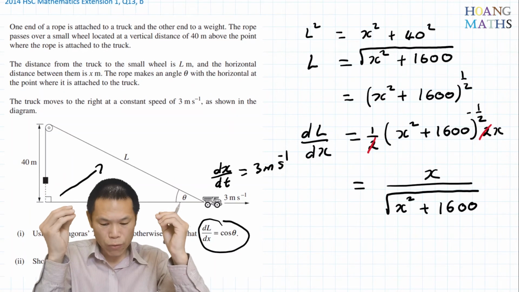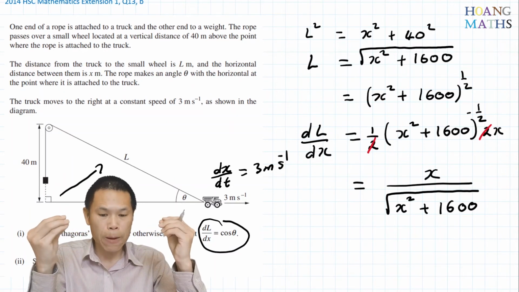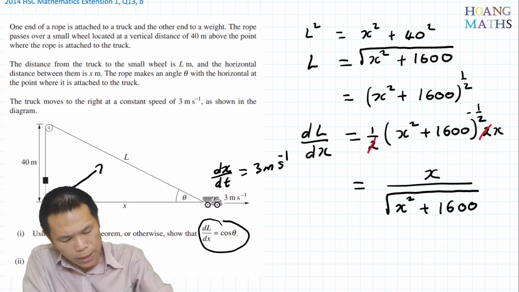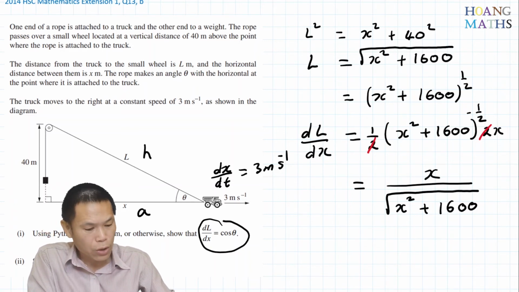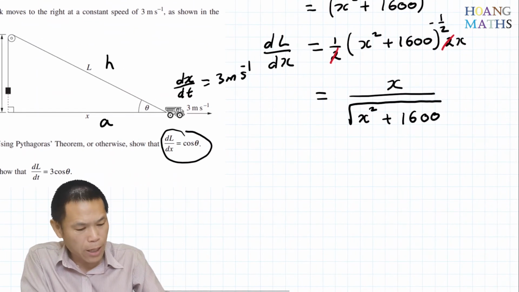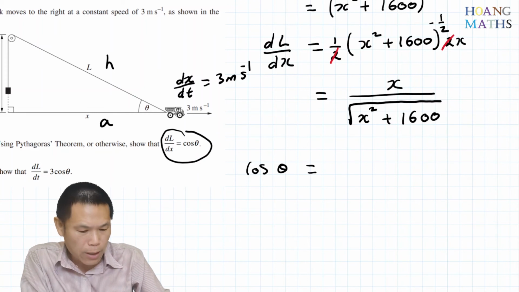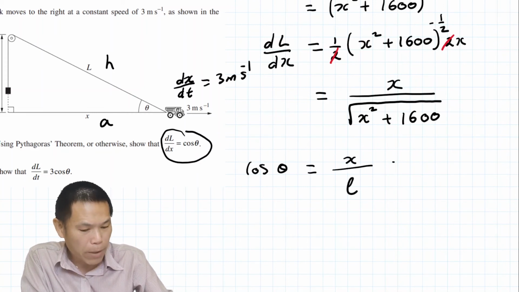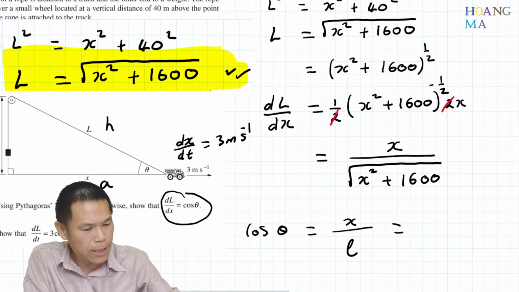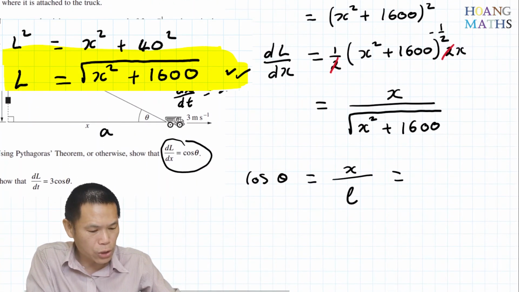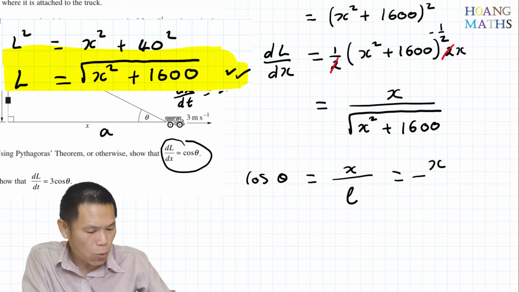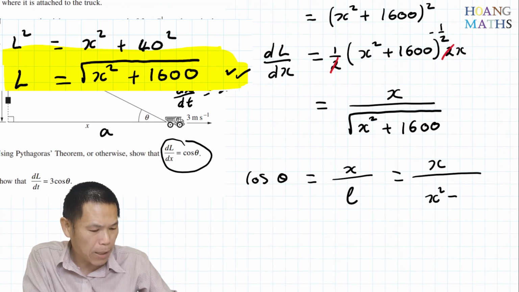But then we need to write it in terms of cos theta. Now if you think about it, for cos we have adjacent and hypotenuse. So we know that cos of theta is equal to adjacent, which is x, over hypotenuse, which is L. But L from earlier is the square root of x squared plus 1600. So it is equal to x over the square root of x squared plus 1600.